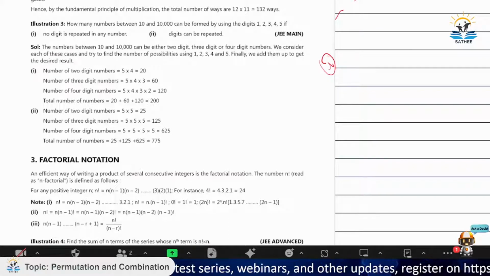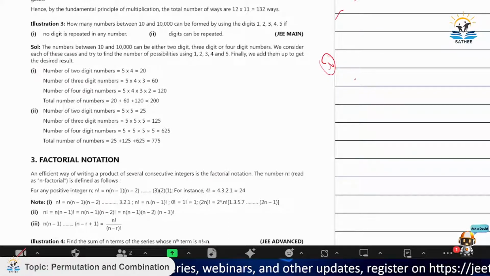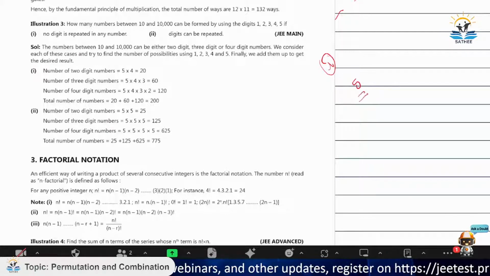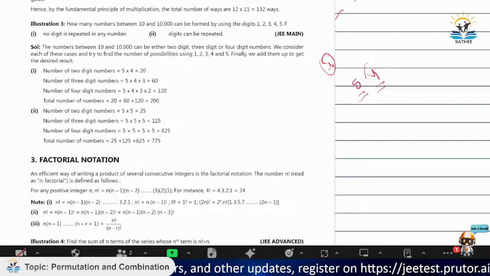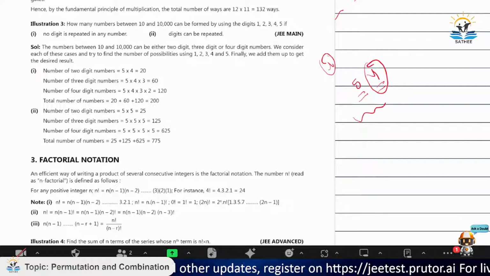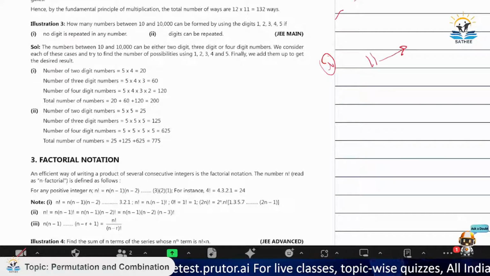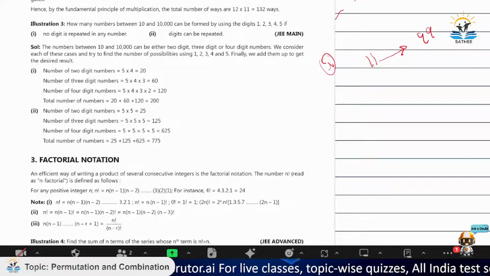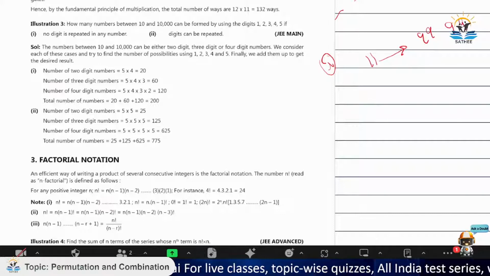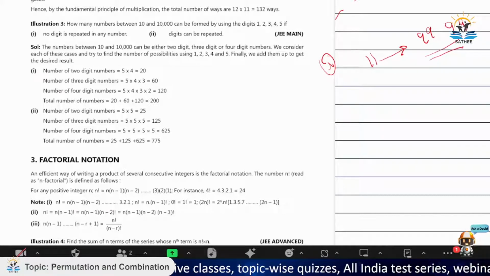I can take any number from these five numbers and then the left four numbers. So let's do it in a systematic way. What they are trying to say is that the possibilities range from 11 to 9999.